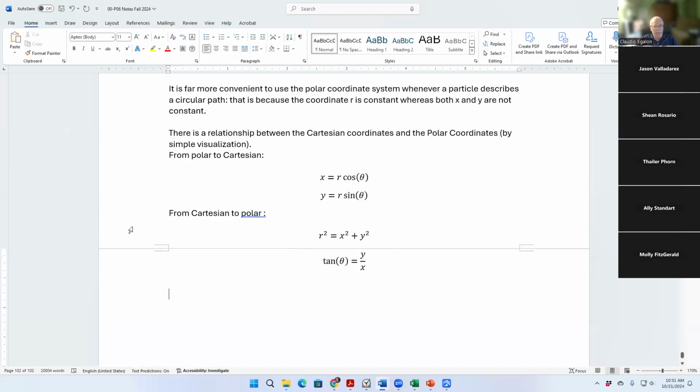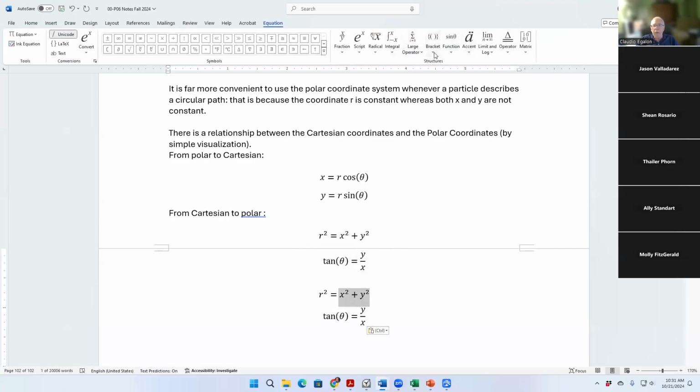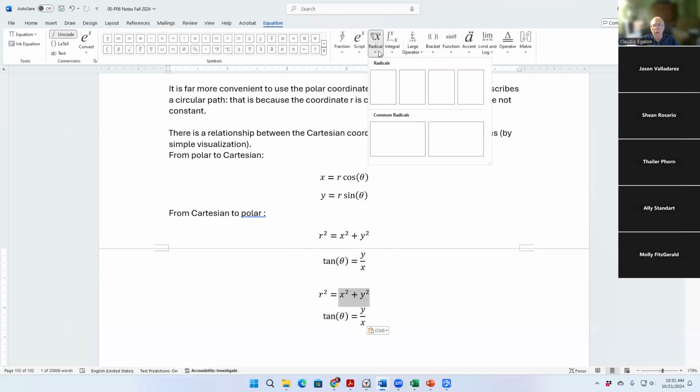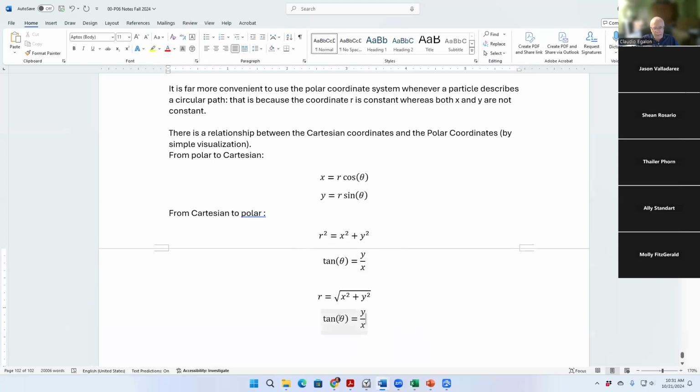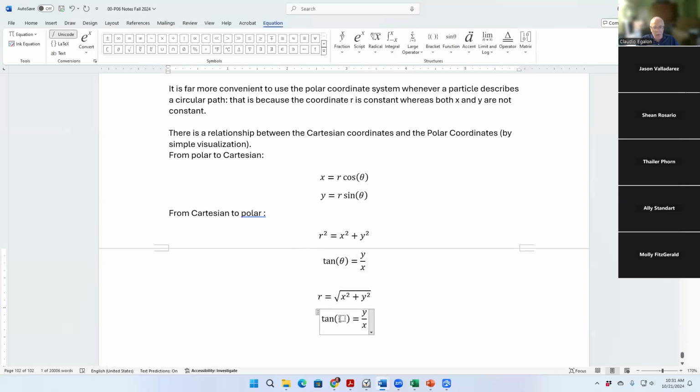Okay, you can come up with another step here. We put a square root in here for this term and we represent it just by r. And then we take the inverse of this function, arctangent of y over x.